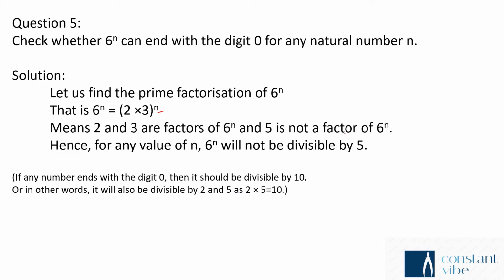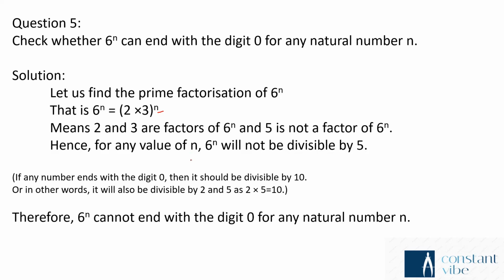Here 5 is not a factor, so it is not divisible by 5. Therefore 6 to the power n cannot end with the digit 0 for any natural number n. So the statement is true.